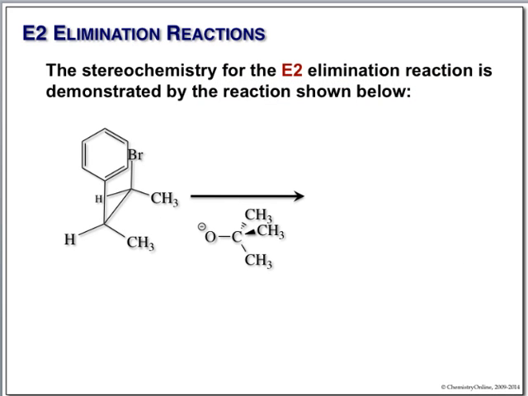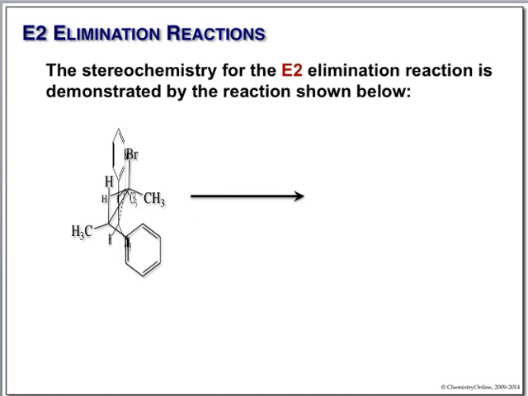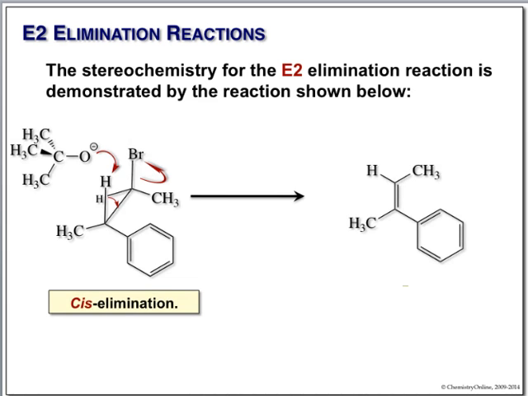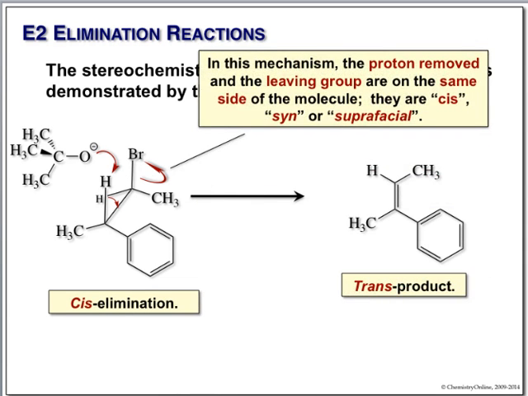Let's do this the opposite way. This is the same thing we started with. I'm going to now take it and rotate it the other way so the hydrogen is pointing up. When I do that, the phenyl's going to come down, methyl's going to come over, and I would get this. If we had this hydrogen pulled off when this bromine left, this would be a cis elimination, but we would get the trans product.